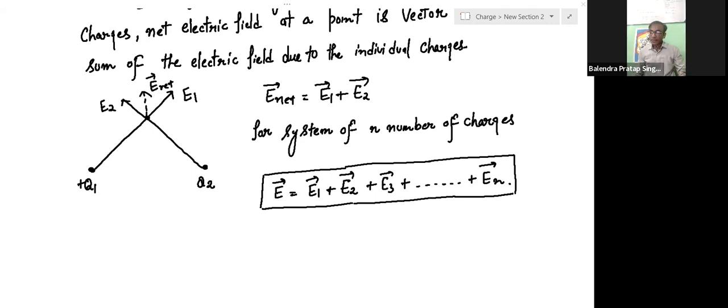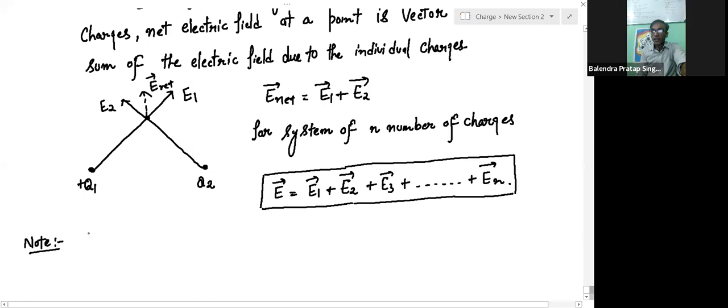Now let's try to calculate some neutral points. So next, a small heading or note you can take: neutral points.